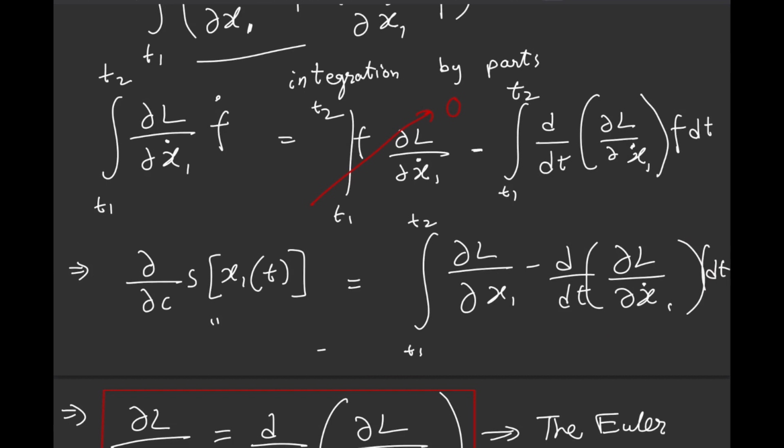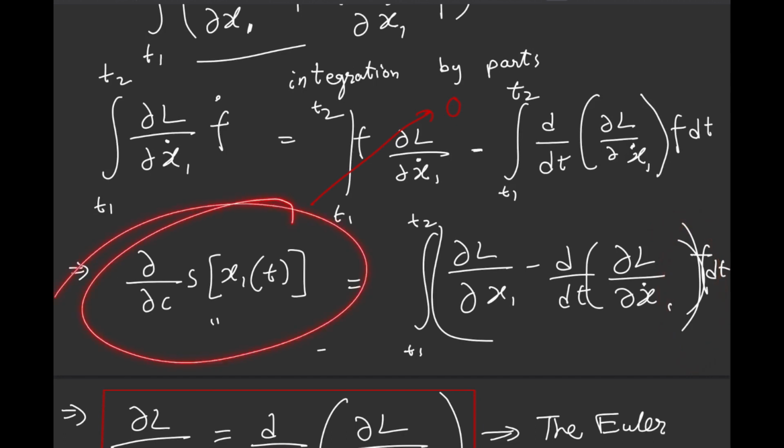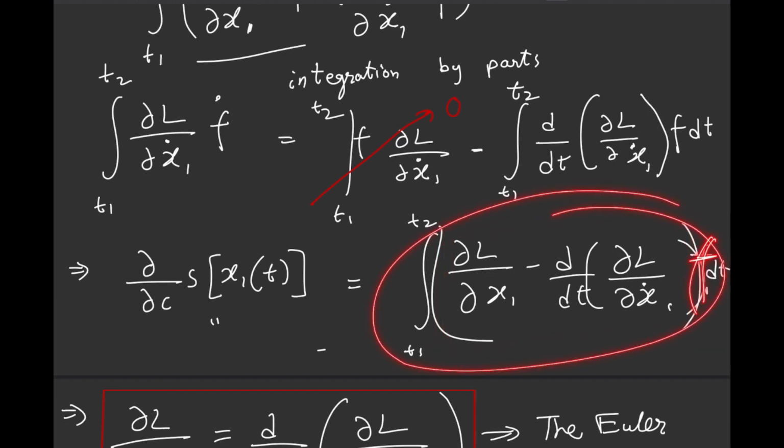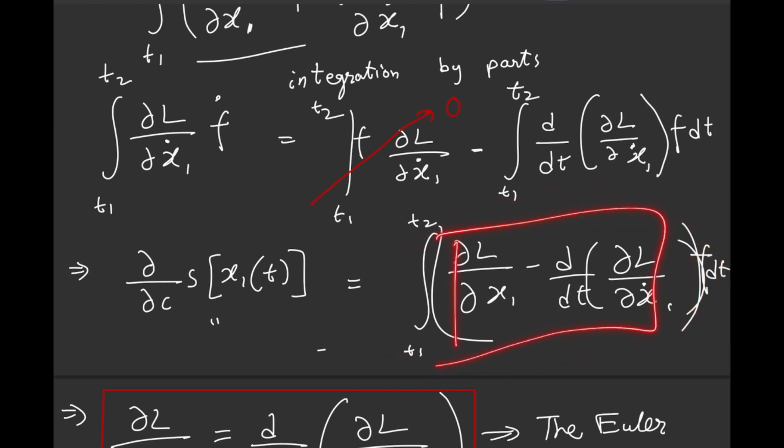into f dt. So this must be true for whatever function f. So whatever function f, this must be 0, and that is only possible if the term inside is also 0, because for all values of f, if this total thing must be 0, then the thing inside must also be 0.